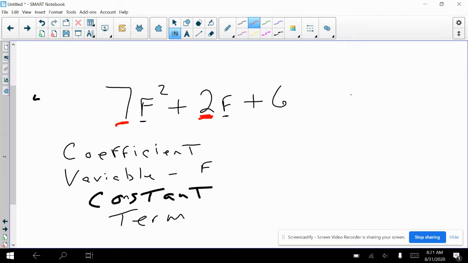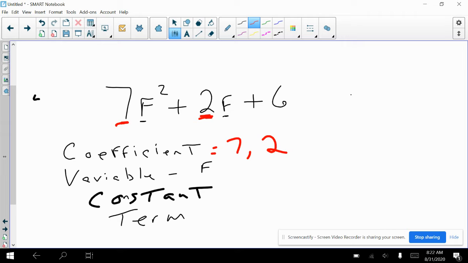So we have two of them, 7 and 2. So our coefficients here are 7 and 2. You've got to be able to identify these. These are pretty easy.